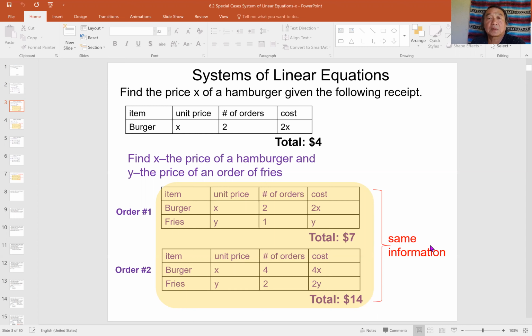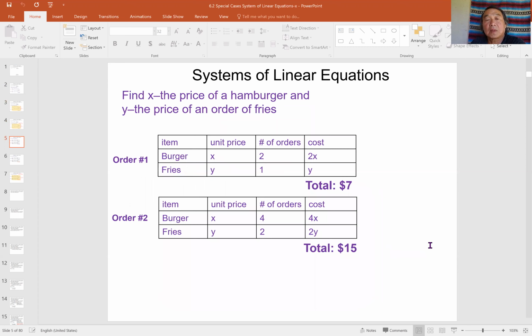You get to pick. In these kinds of systems, we call these redundant or dependent systems. Then at the other end of the logic, here's the other case of what could go wrong without finding the answers. You find a receipt: 2 burgers, 1 fry, price $7.